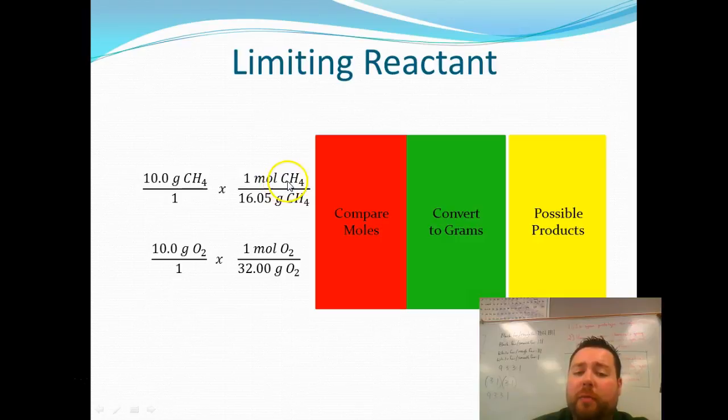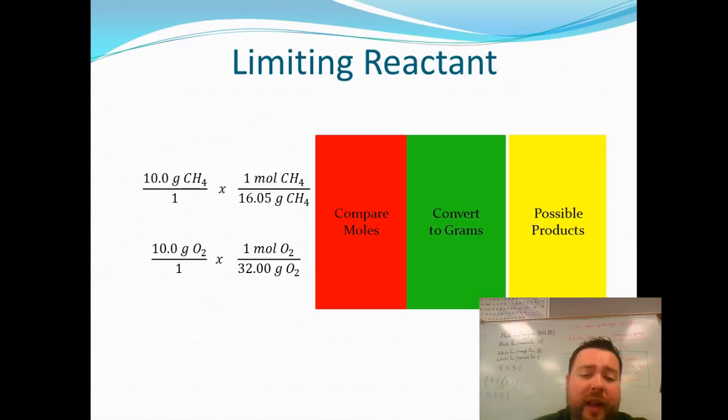I know that 1 mole of methane weighs 16.05 grams of CH4, which we get from the periodic table. Same thing is true for oxygen: 32 grams for every 1 mole. I took the molar mass of oxygen: each oxygen has a mass of approximately 16.00 grams, and there are 2 of them, so that comes to 32.